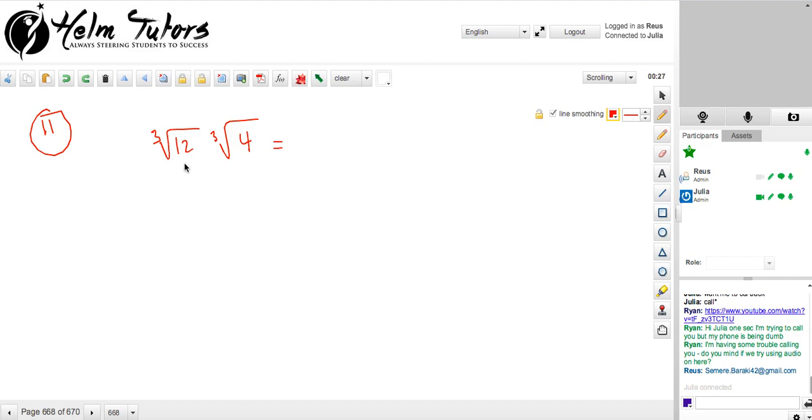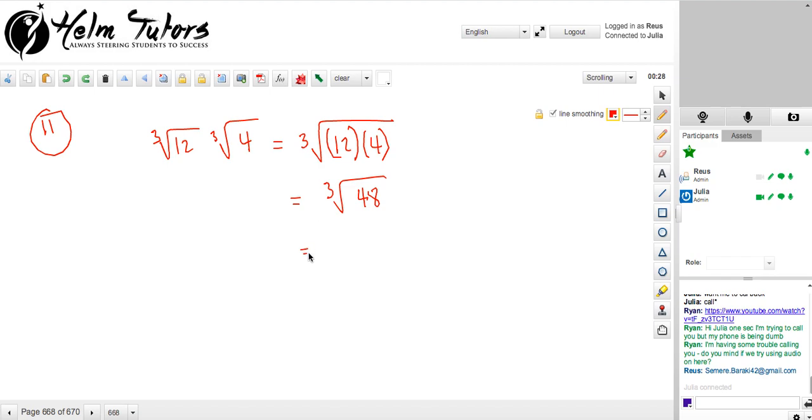No worries. Now you did try to break 12 into 3 and 4 again. Since neither 3 nor 4 is a perfect cube here, the thing to do is to bring them back under the same cube root. So what would they turn into under the same cube root? Exactly. Cube root of 12 times 4, which is cube root of. Go ahead. Cube root of what? Yeah, exactly. You're right. 48.